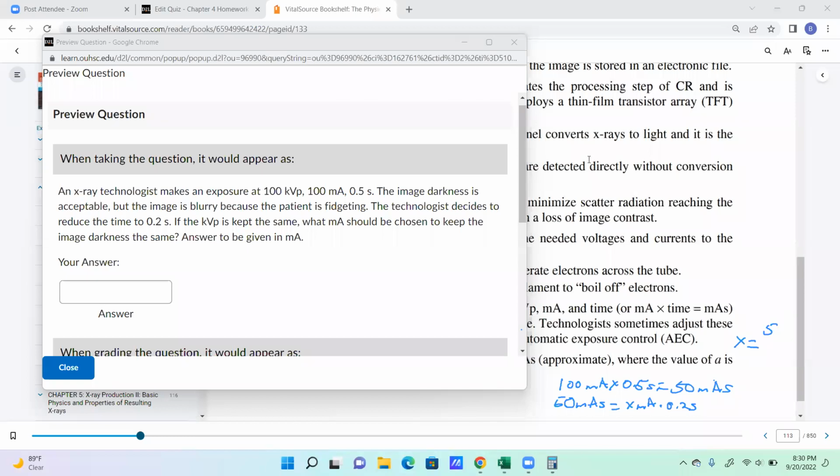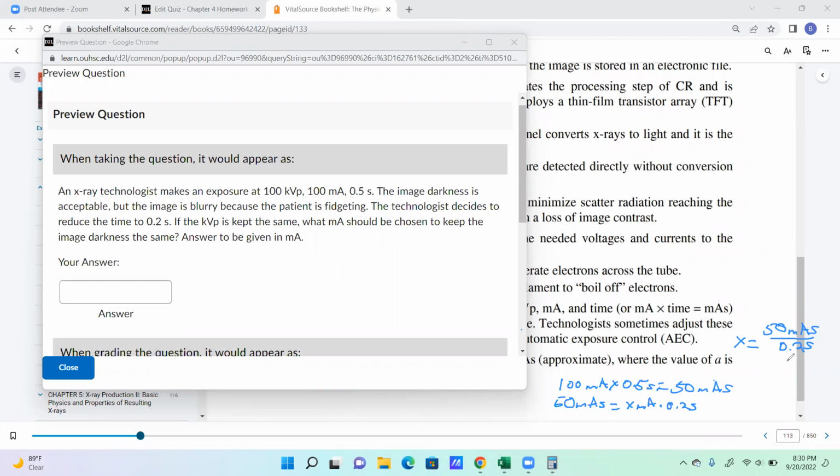50 MAS divided by 0.2. Now, if we weren't keeping the mass the same, then this would become a much harder problem.